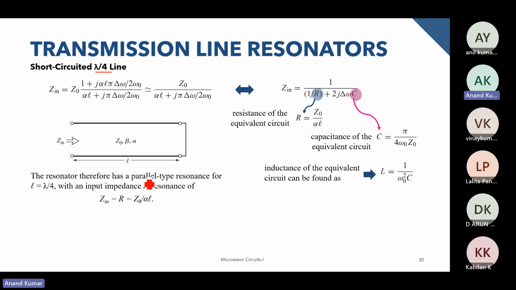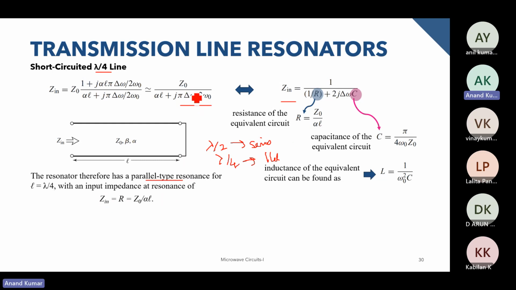Once we had the input impedance and compared it to the parallel circuit, we see that this has a parallel type resonance, as compared to the lambda by 2 line, where we had series type resonance. For lambda by 4 we have the parallel type resonance. And at the resonance frequency, right?